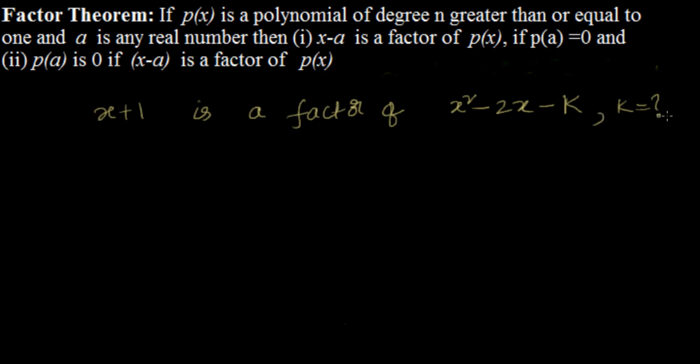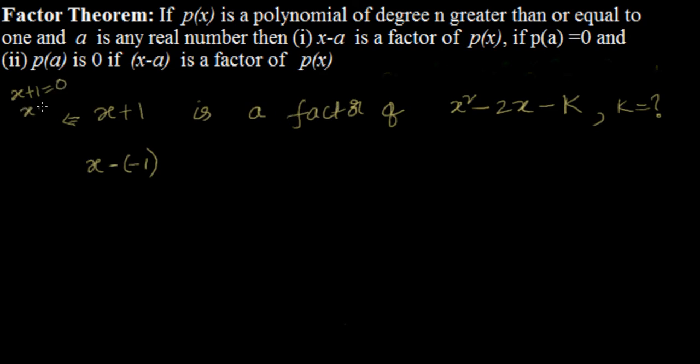So, the factor theorem states that if x plus 1 is a factor, then, let's try to convert this into x minus a. X plus 1, I can write it as x minus of minus 1. Another way you can do is, you can equate this to 0, x plus 1 equal to 0.